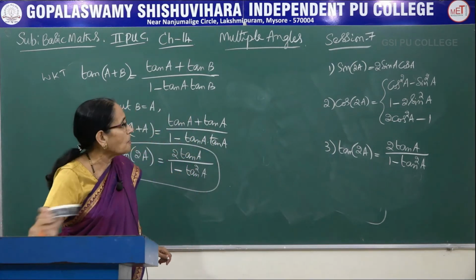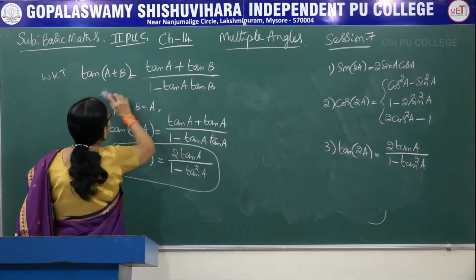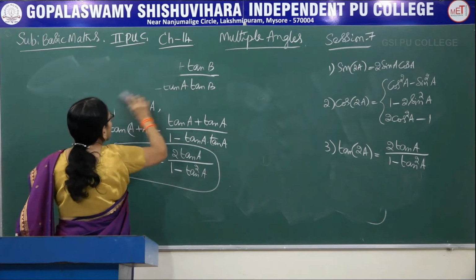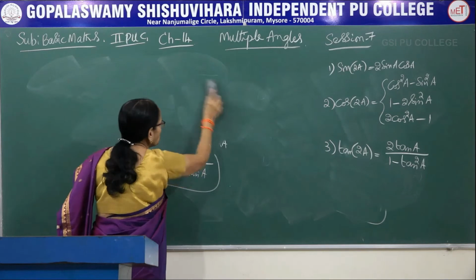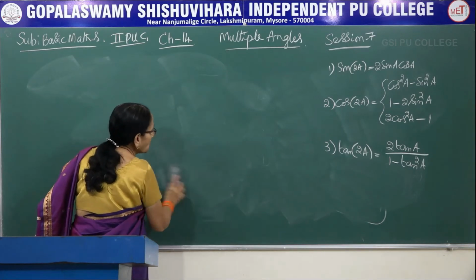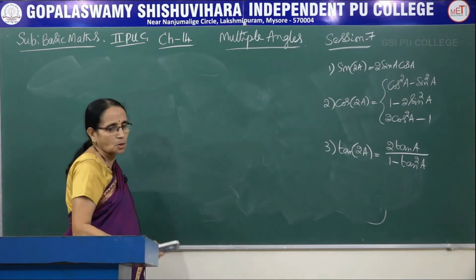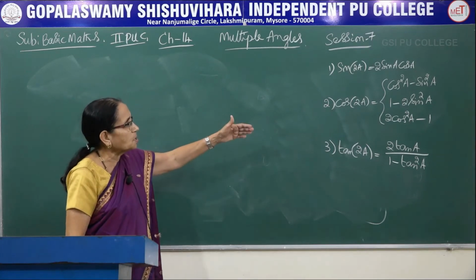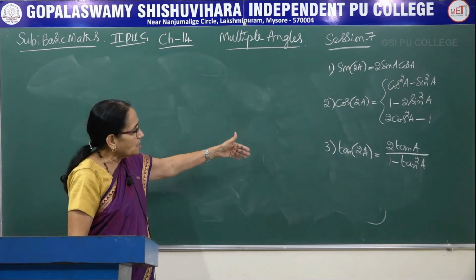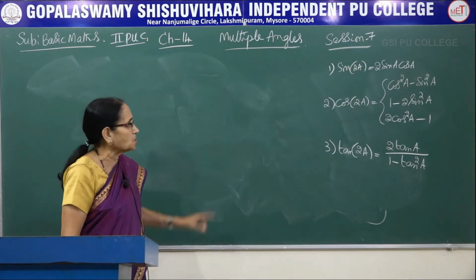You observe that in the first formula, sin of 2a is expressed using both sin and cos ratios, as 2 times sin a into cos a. Whereas cos of 2a has been expressed in three different ways, and tan of 2a has only one expansion.